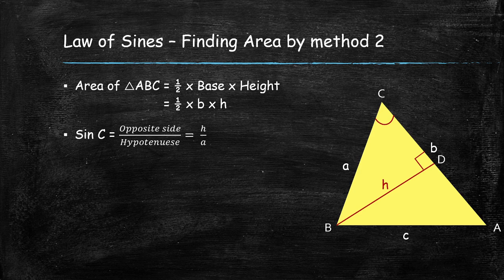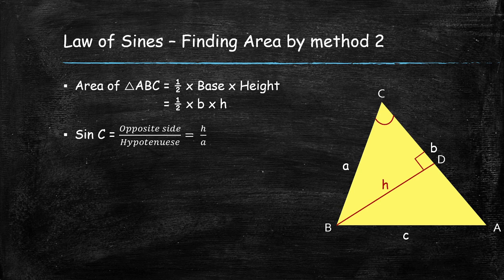Now angle C is marked, so sine C is equal to the opposite side H upon hypotenuse A. So we are considering triangle CBD here. As it is a right angle triangle, trigonometric functions can be used.